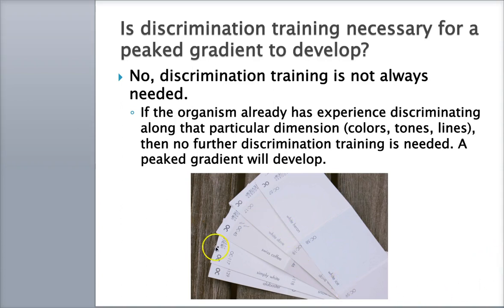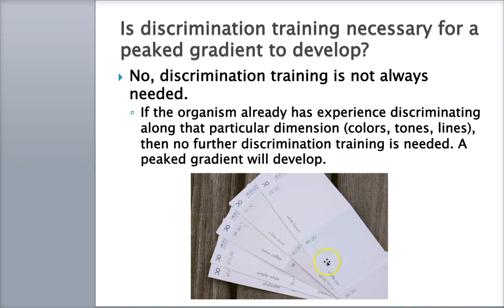So I can take the same paint swatches and give them to a professional house painter and hold them up one at a time and say, what color is this? And he will say, oh, that's white heron, that's white dove, that's Swiss coffee, that's simply white, that's alabaster, that's white ice, that's Navajo white, whatever.